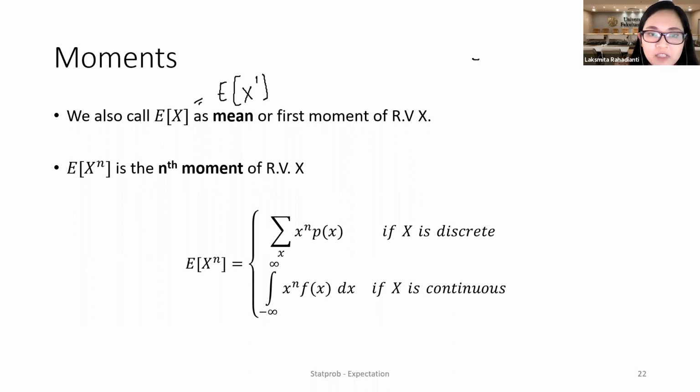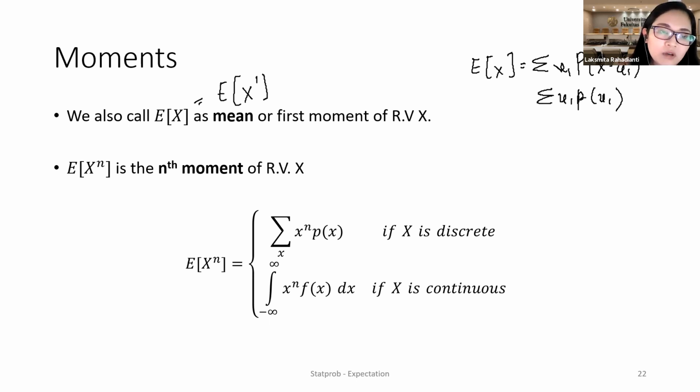Previously, when we were computing E[X] in the discrete case, we had the sum of x_i times the probability of X equaling x_i, alias the sum of x_i p(x_i). But when I'm talking about the nth moment, I need to put this x to the power of n, and thus we have this derivation of the original expectation equation.